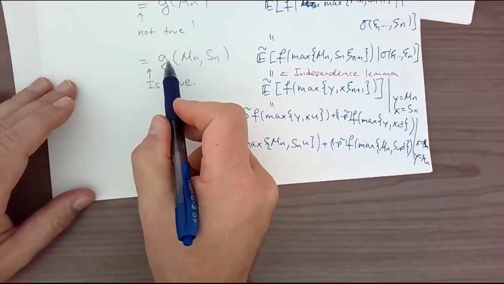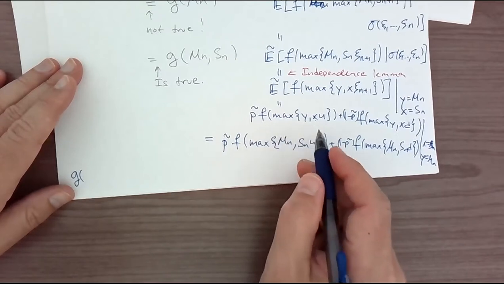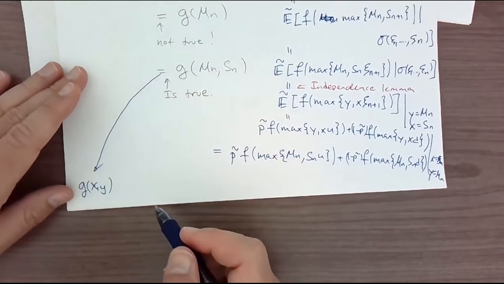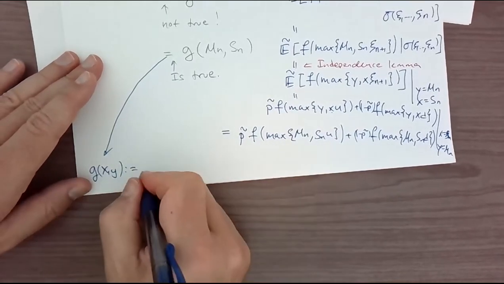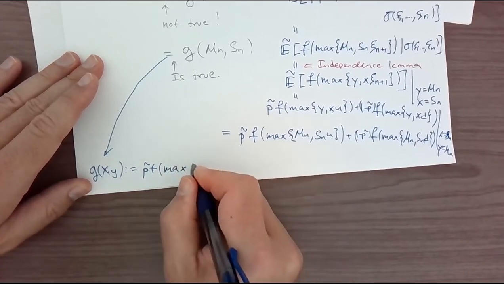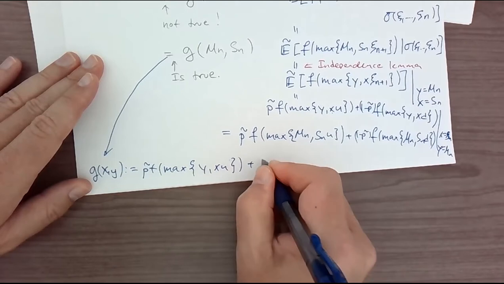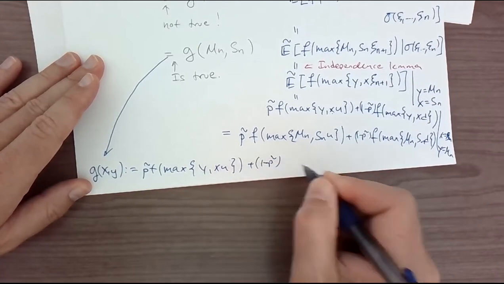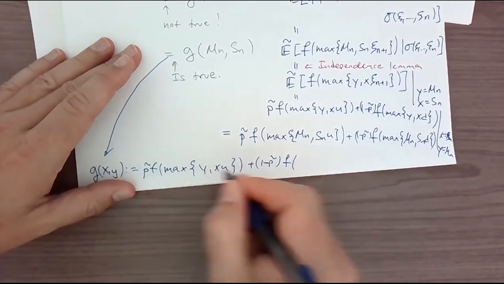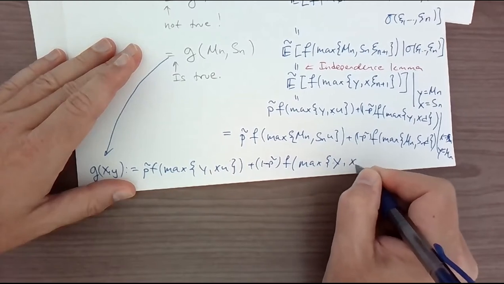So now we're going to get our function here. This g is g of x comma y, and it's this guy down here: g of x comma y is p tilde f evaluated at max y comma x u, plus 1 minus p tilde times f of max y comma x d.